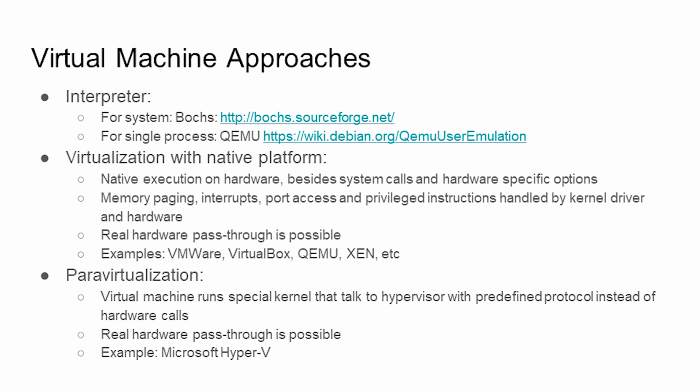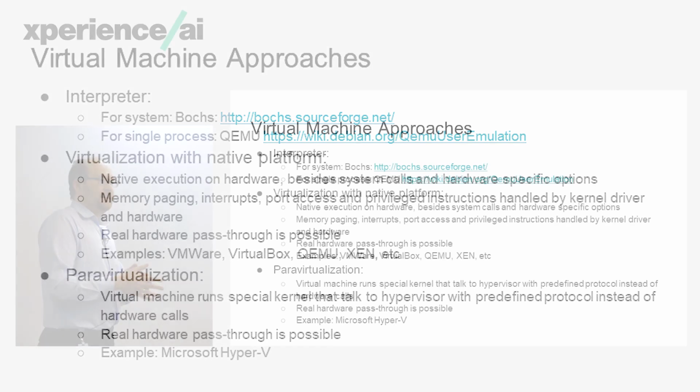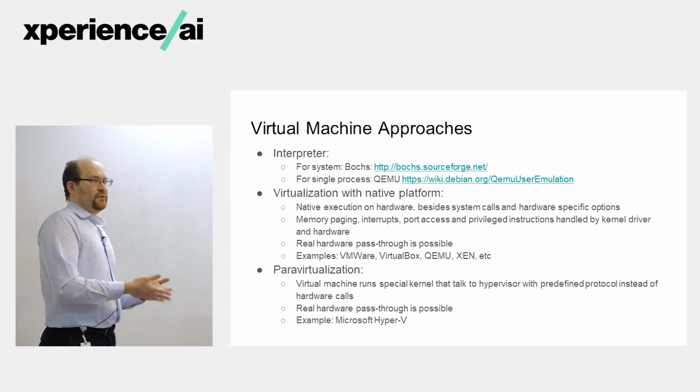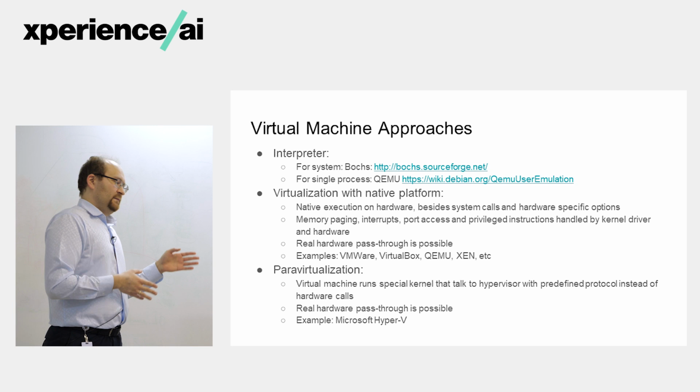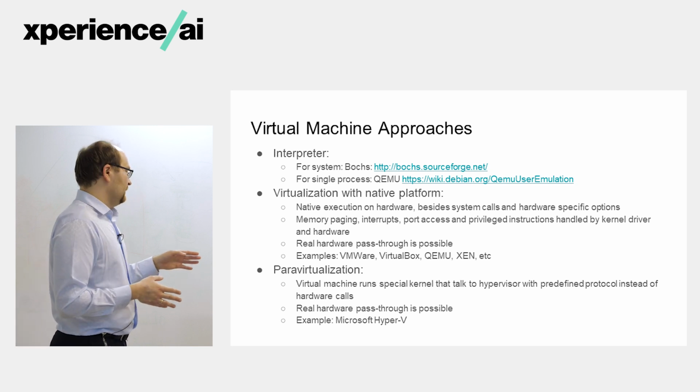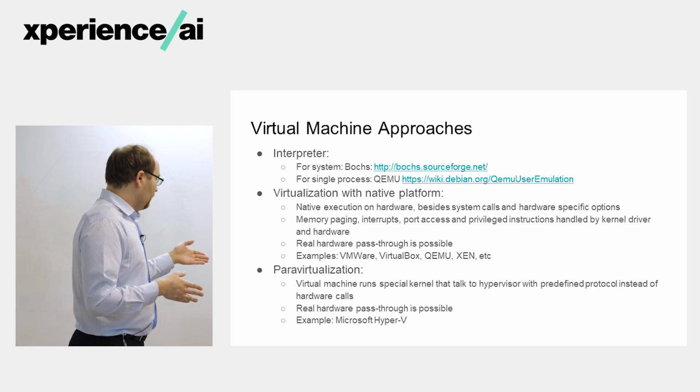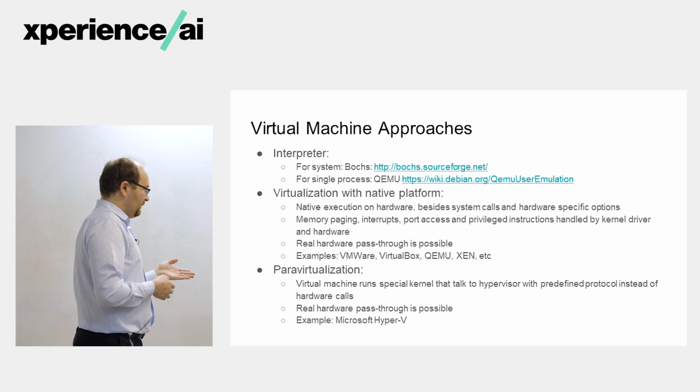So as I said, there are several ways to achieve this kind of virtualization. The first and the most obvious one is just to interpret the instructions of the program that you have. The oldest solution for Linux that I know is the Bochs program.